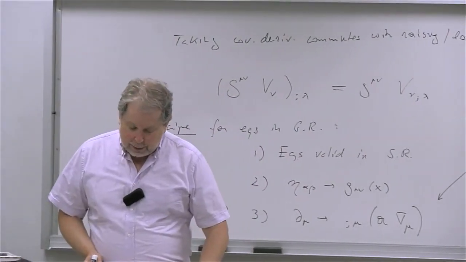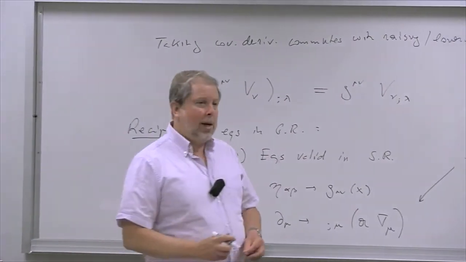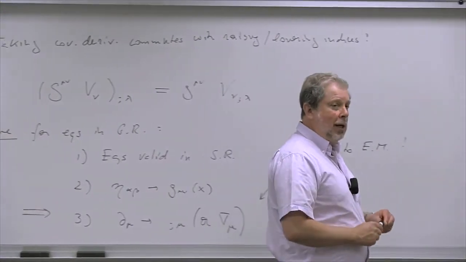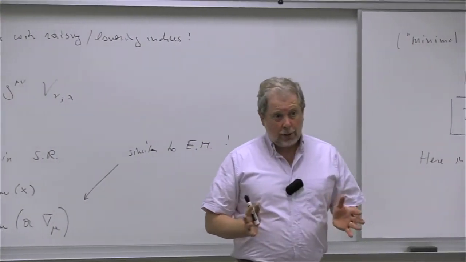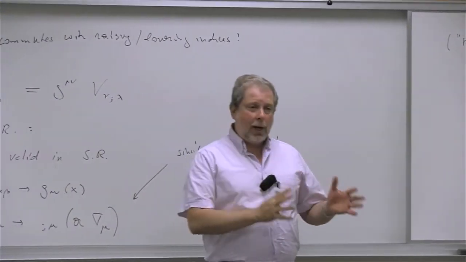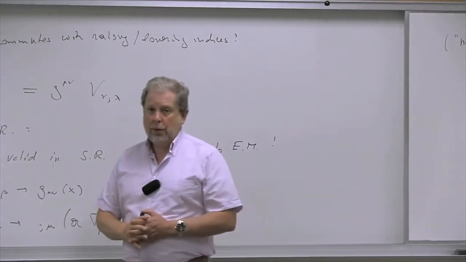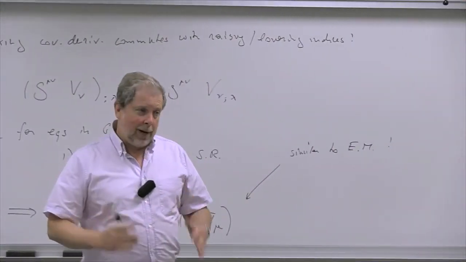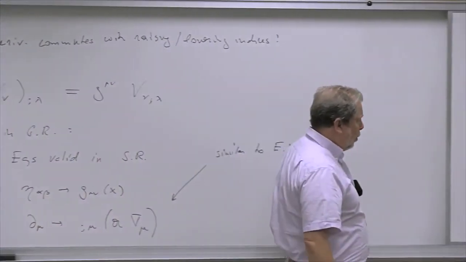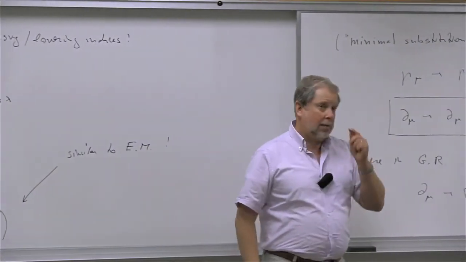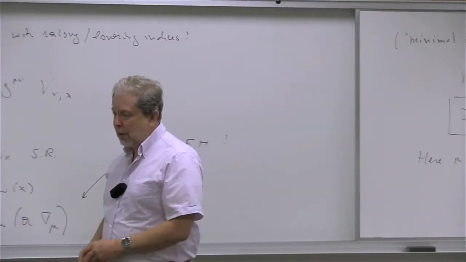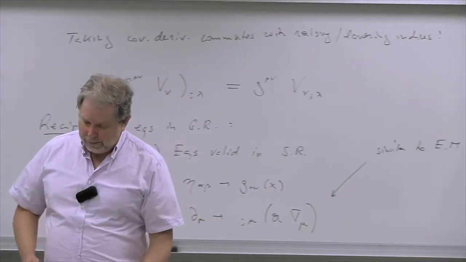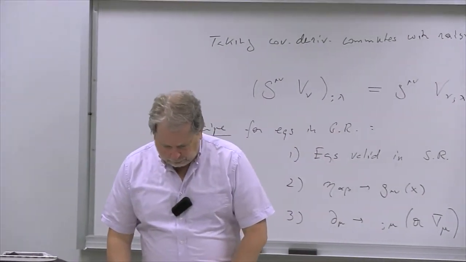So, of course, this is a very deep correspondence. It has to do with the fact that both gravity and electromagnetism are gauge theories, so there is a gauge particle that is associated with this local invariance. The gauge particle is the photon in the case of electromagnetism. It's the graviton in the case of general relativity, right?